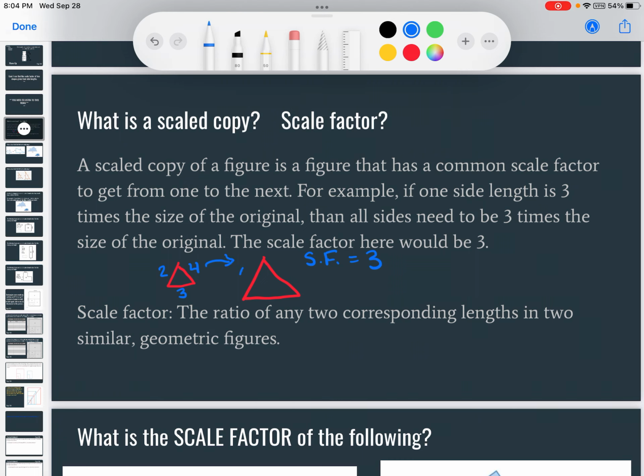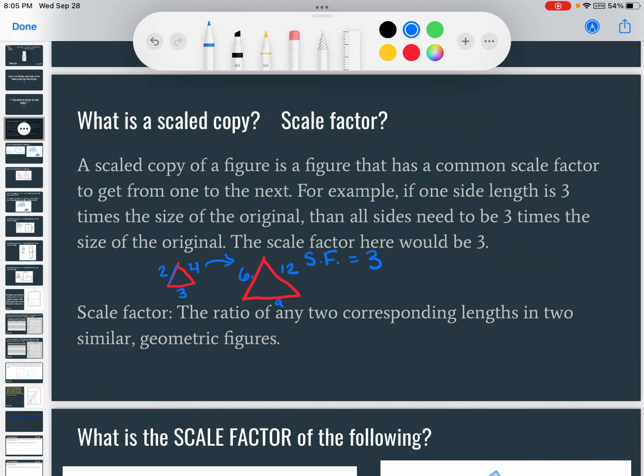So 2 times 3 is 6, so this side would be 6. 3 times 3 is 9, so this side would be 9. And 4 times 3 is 12, so this side here would be 12. Those are scaled copies of each other. The scale factor there is 3 because I took each side length multiplied by 3 to get to my new triangle there.